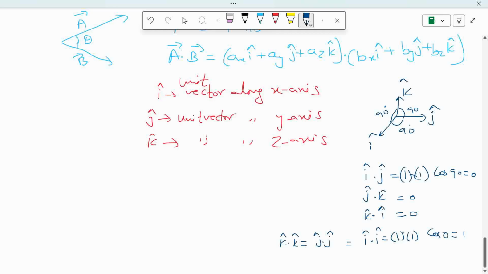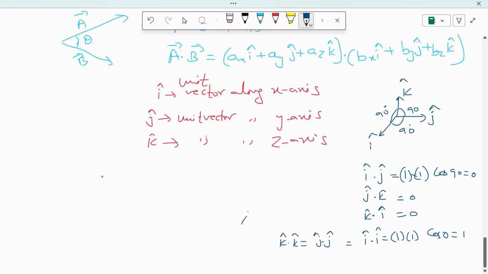So now if we multiply the i cap dot product with i cap, here we get 3 into 3, 9 combinations of dot products. I cap dot i cap is 1.